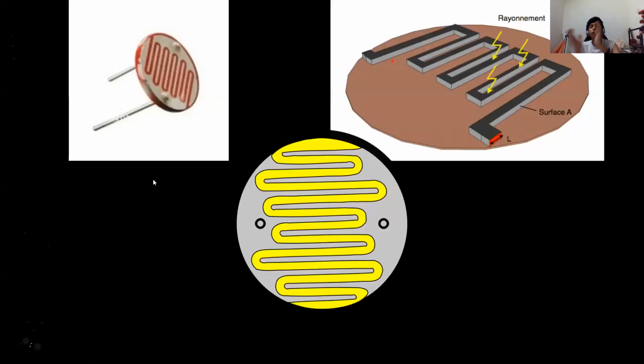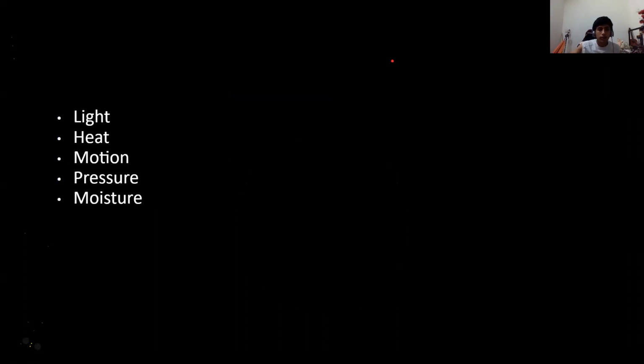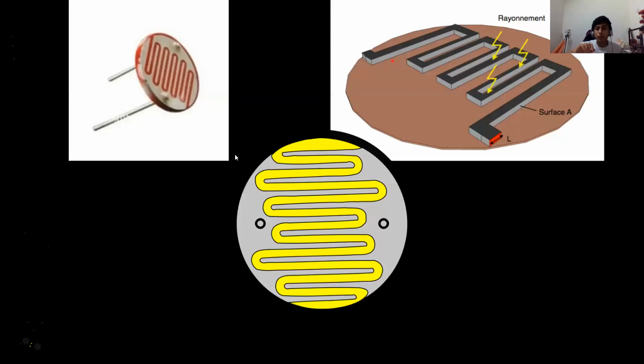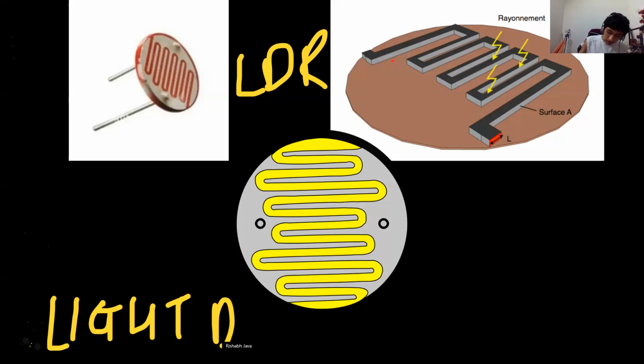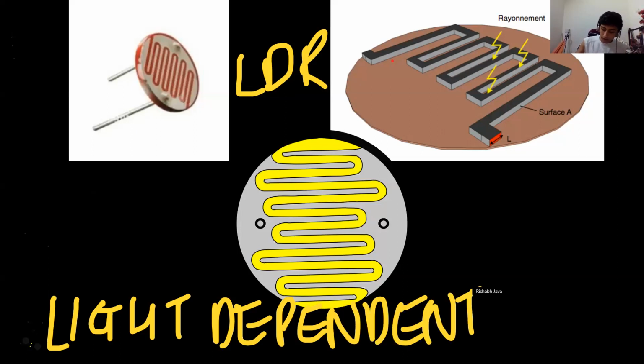Now we're going to talk about the first kind of sensor, which is a light sensor. It's the very first one, light. And we're going to be talking about exactly how a light sensor works. A light sensor is something called an LDR. An LDR is a type of light sensor. LDR stands for light dependent resistor.